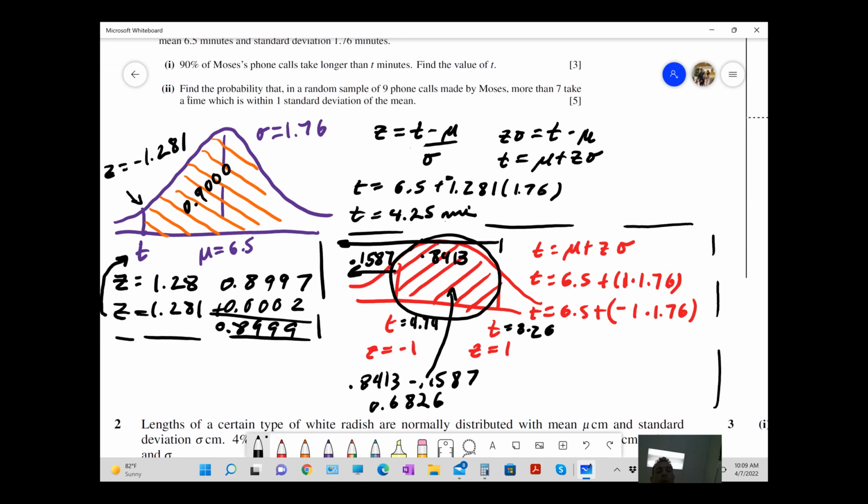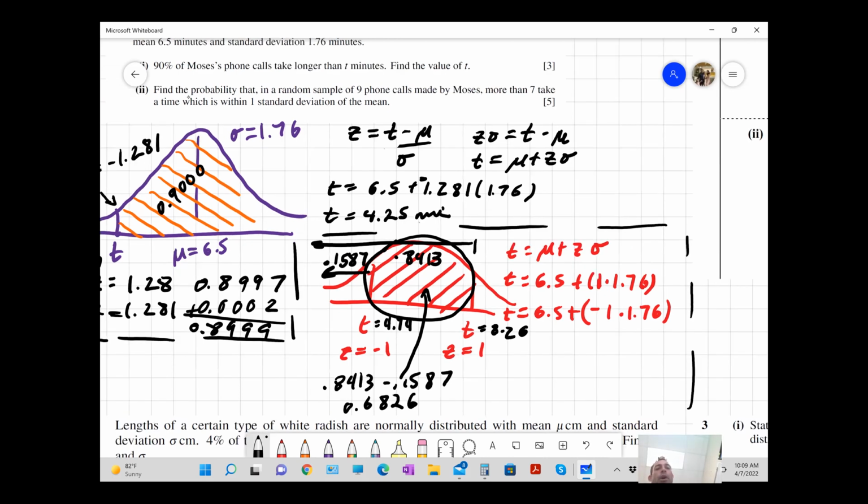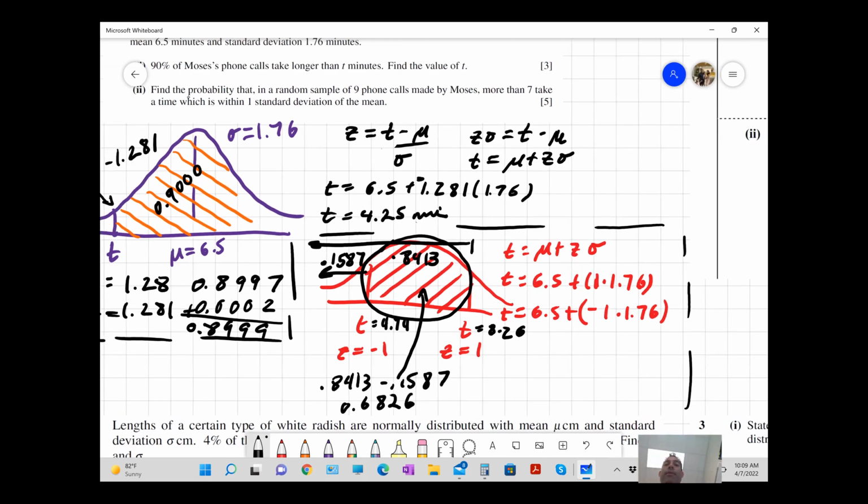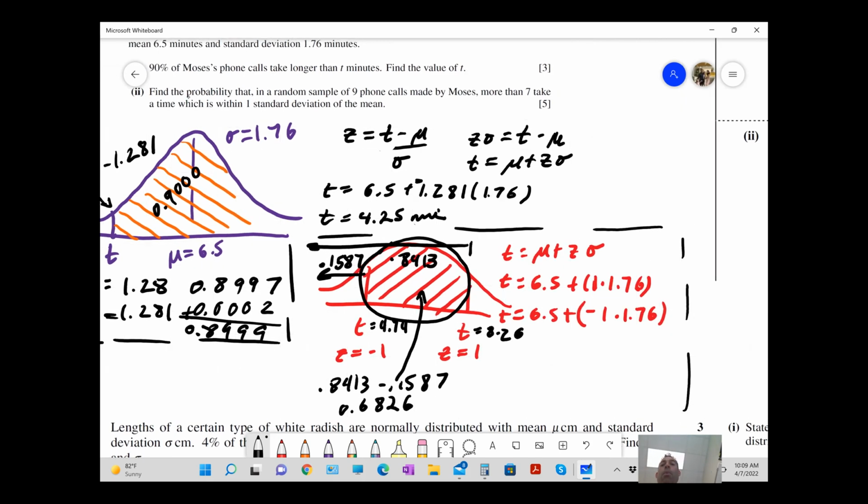Okay. So let's think about it. It says, find the probability that in a random sample of 9 phone calls made by Moses, more than 7 take a time which is within 1 standard deviation. Well, it's binomial. Why is it binomial? Do we have a fixed number of trials? Yes.